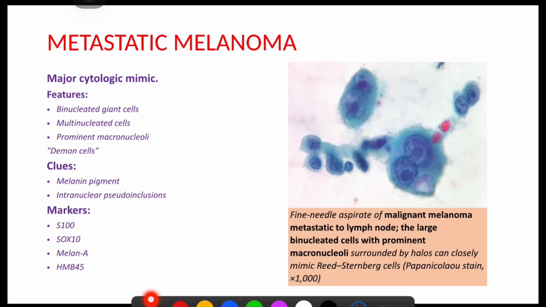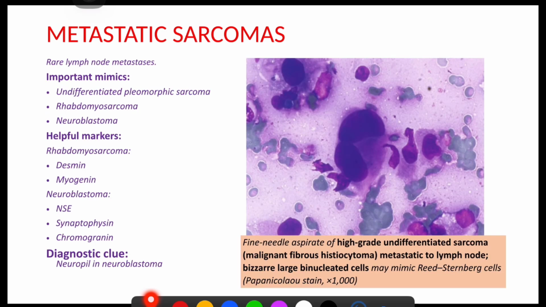Now metastatic melanoma is a major cytologic mimic because it has binucleated giant cells, sometimes multinucleated, with prominent macronucleoli, which are called Dameon cells. The clue is that sometimes you may find melanin pigment and intranuclear pseudoinclusions. So your positive markers are S100, SOX10, Melan A and HMB45 to differentiate it from other pleomorphic cell patterns.